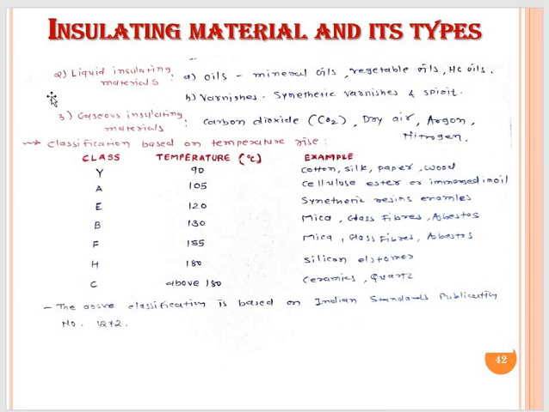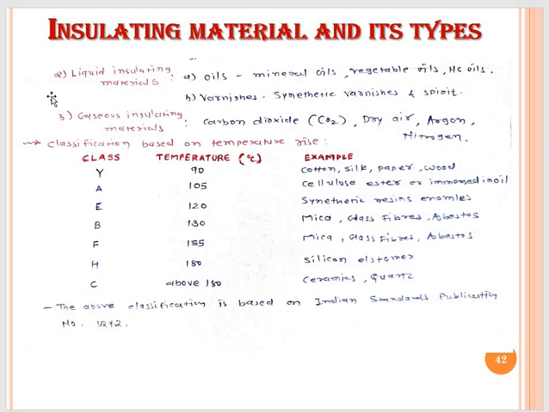Now the second one is liquid insulating materials. In this type, the first one is oils: mineral oils, vegetable oils, hydrocarbon oils, etc. will be covered in the oil category of liquid insulating materials. Now the second one is varnishes. Synthetic varnishes and spirit are in the category of varnishes.